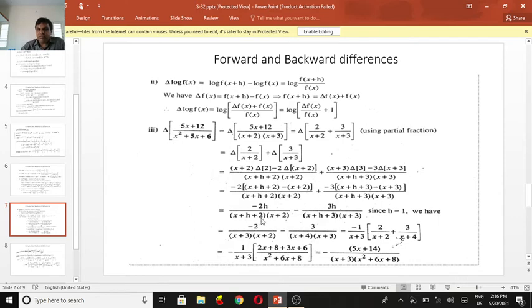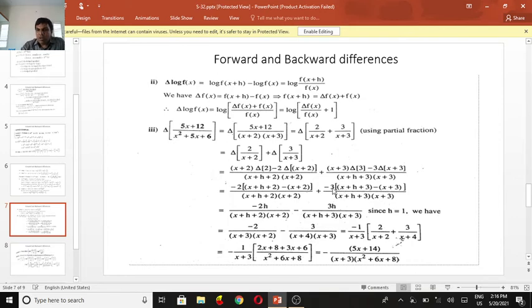Again, open and simplify. So minus 2x minus 2h minus 4 plus x plus 2.